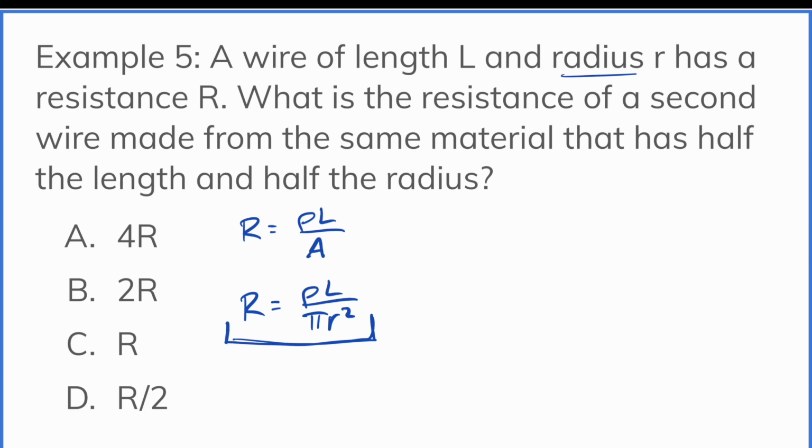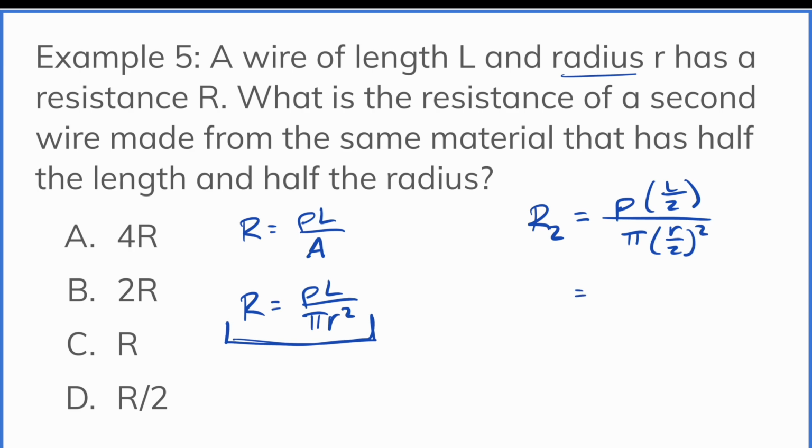So let's set that aside for now, and let's see what it would be for R2. So R2, it says the same material, so the resistivity is the same. The length is cut in half, and the radius is cut in half. So we have pi (r over 2) squared. Now if we cut the radius in half, we've got to put that inside the squared. So then we can start simplifying this.